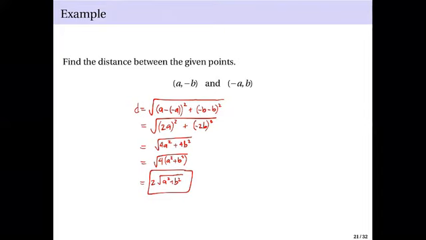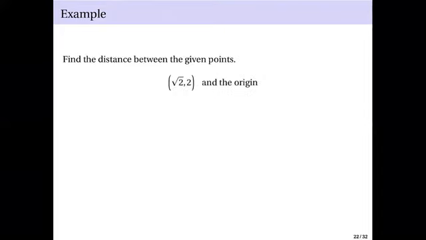Next problem here. Find the distance between the given points, square root of 2 comma 2 and the origin. Again, the origin has coordinates 0 comma 0.